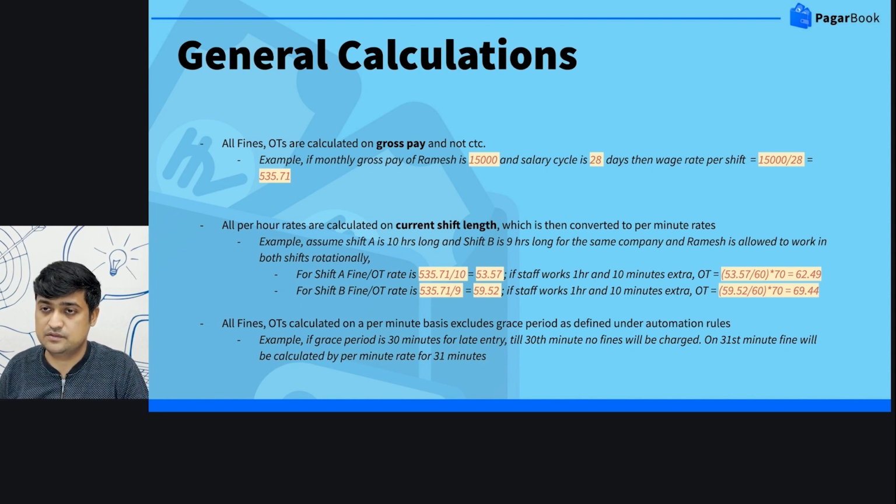Just the gross pay is 15,000, and you have a salary cycle of 28 days. So for example, if you have a month-wise salary cycle and you're in February, you have 28 days. So the wage rate per shift then stands at 15,000, which is the gross pay, divided by 28, which is 535.71. This is the first step.